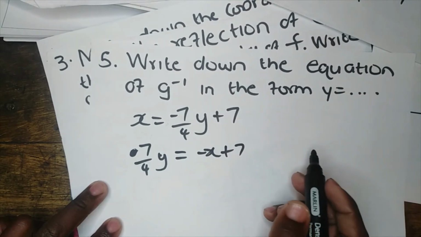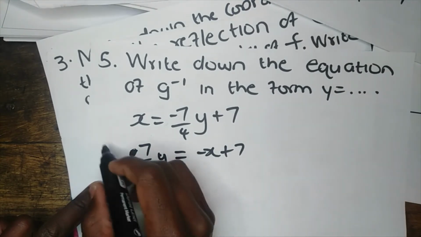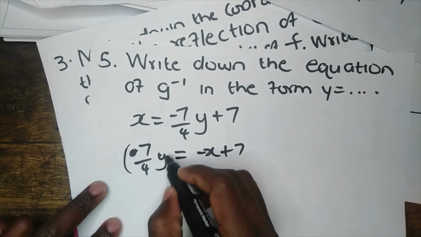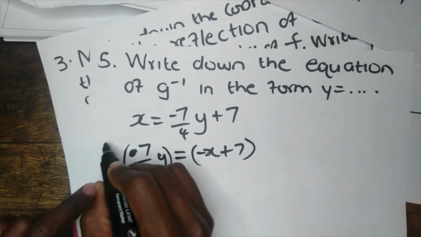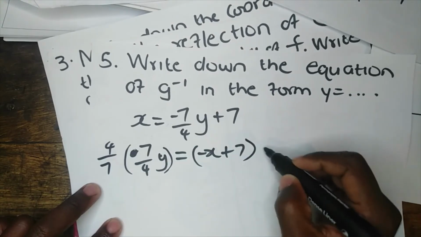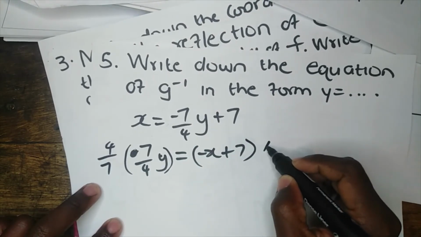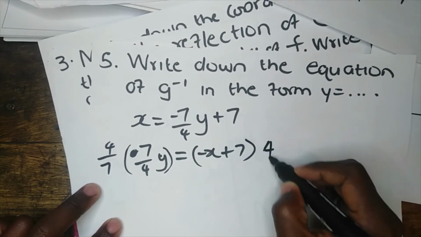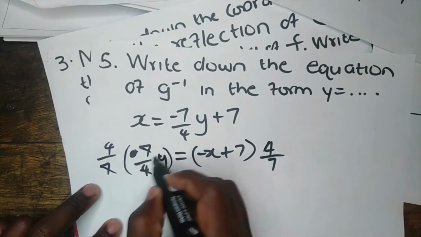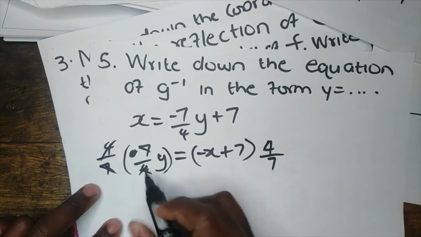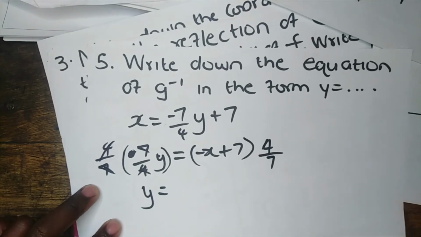So here and again here we multiply by 4 over 7. This one cancels this one, and this one cancels this one, leaving y.